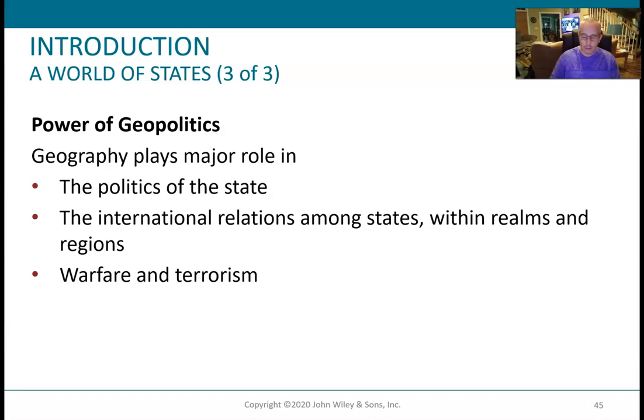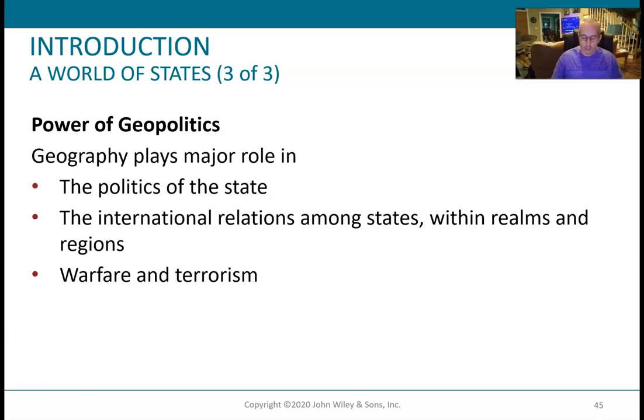Geopolitics, again, another area of concentration in geography, basically studies the politics of certain countries and how they relate among other countries. You all see this on a global scale today when we talk about Russia and Ukraine, China, Taiwan, the United States, our neighbors, how we interact with Europe, our allies.